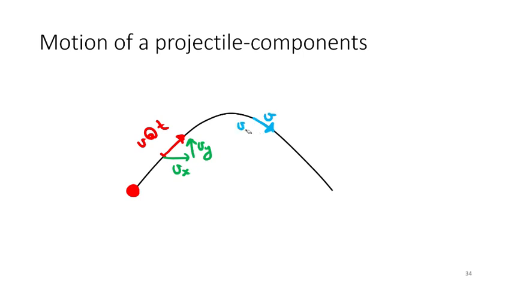Let me write in a different color. And then you will have the y component, and then the x component, and similarly here and here. And as I said, the Vx is constant. It does not change. This is very important.